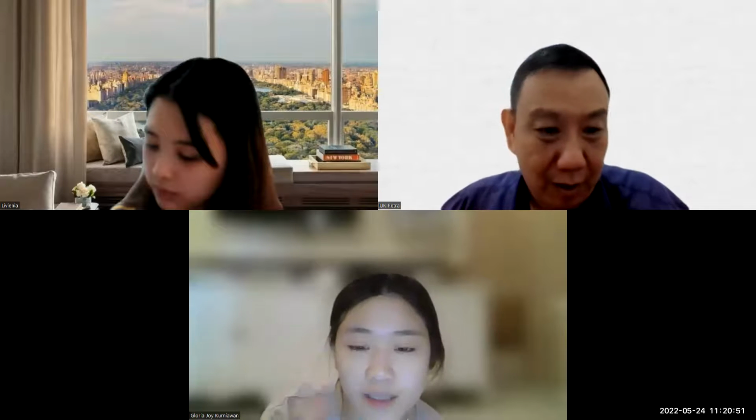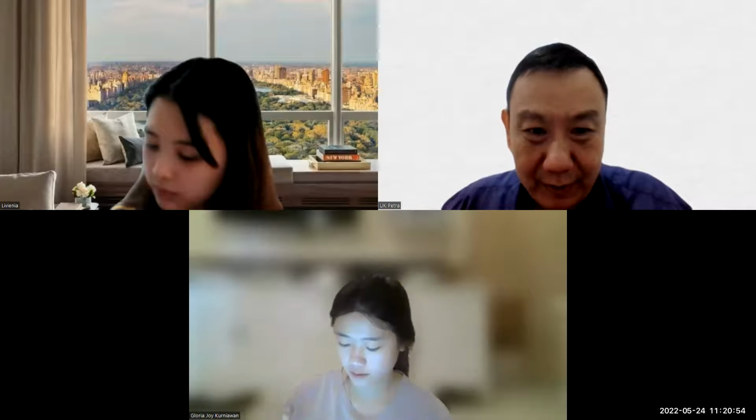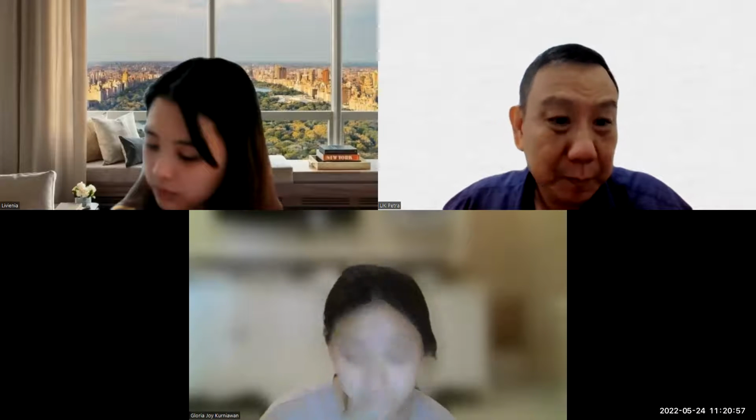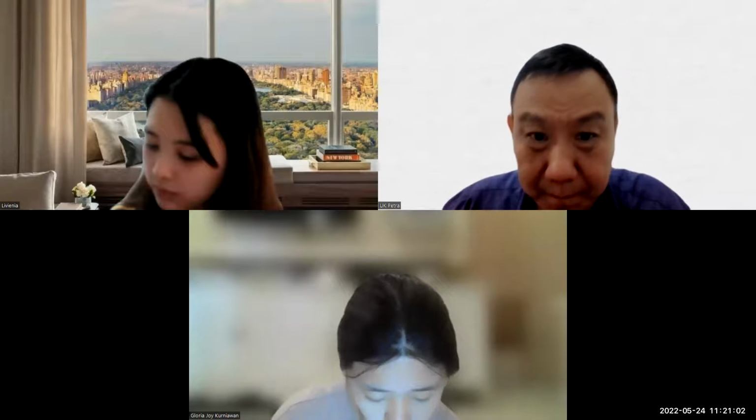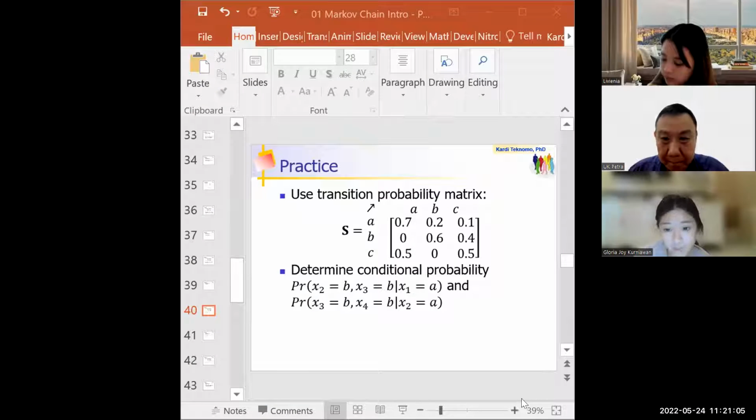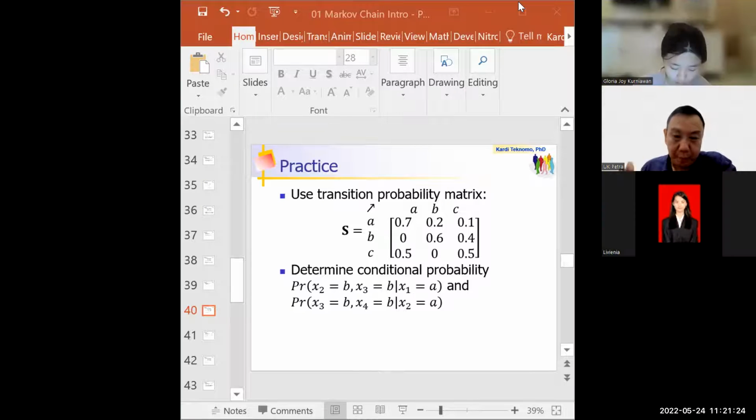Can you share your screen for a bit again? The second one is Joy, the first one is Leafy. Put into the formula and then you plug in the value.